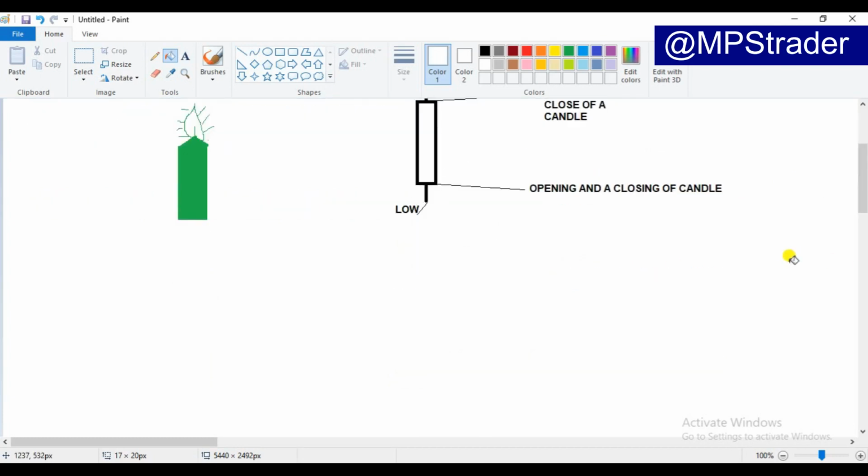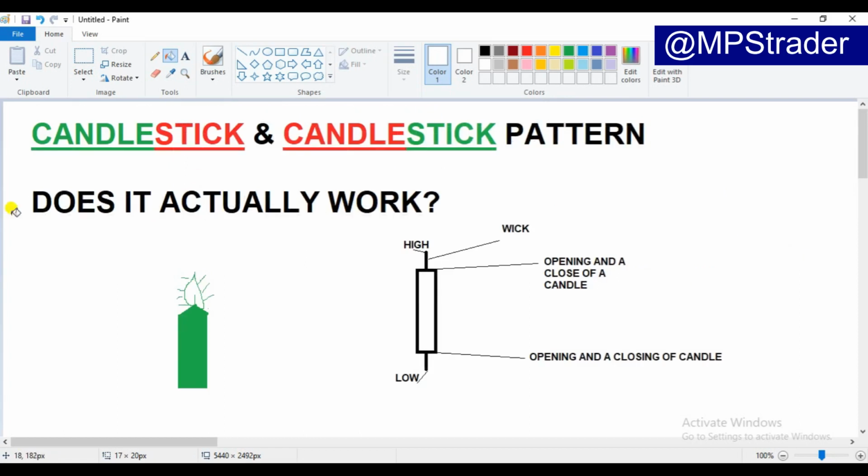Before we proceed, first we will see whether a candlestick actually works. Does it actually work in trading? For example, we have studied candlestick patterns, candlestick analysis, candlesticks forming in support and resistance, a continuation candlestick or a reversal candlestick, right?